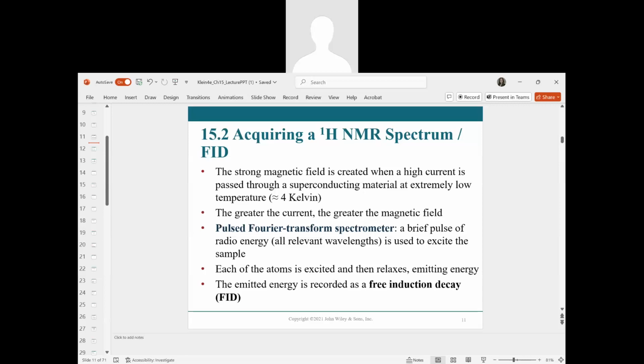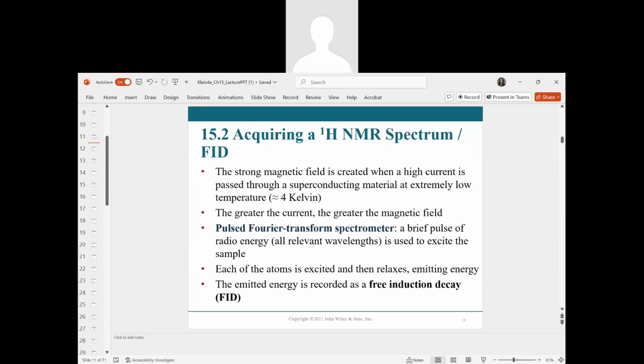And then the spectrometer utilizes this pulsed Fourier transform technique, and it generates all the relevant wavelengths that are used to excite or energize our sample. So each of the atoms is then excited, then relaxes, and we see the emission spectrum.